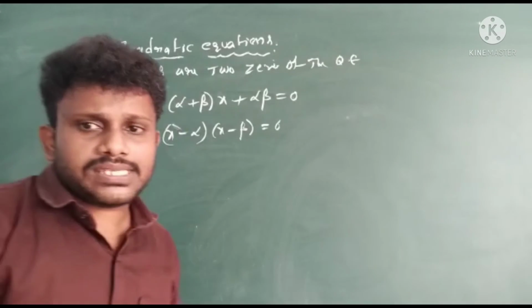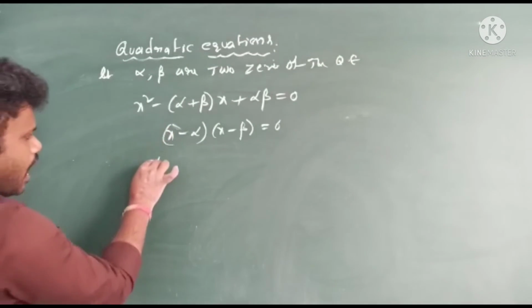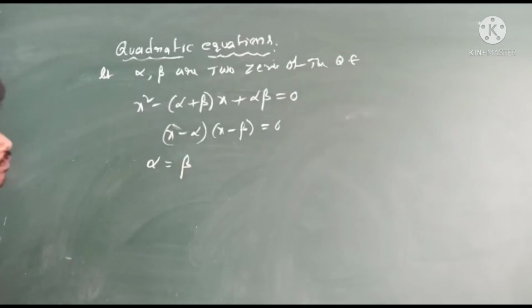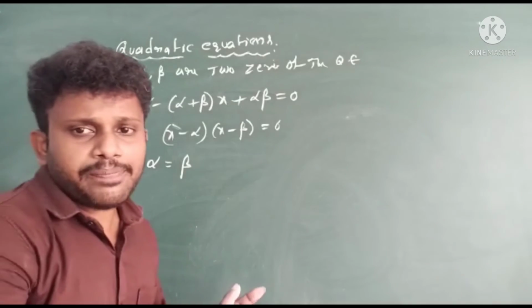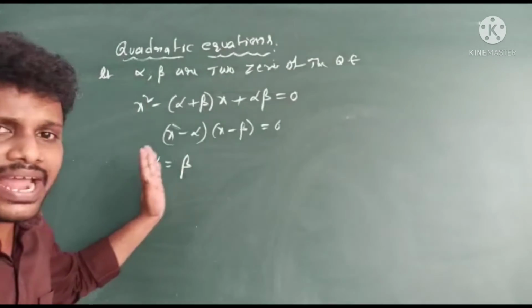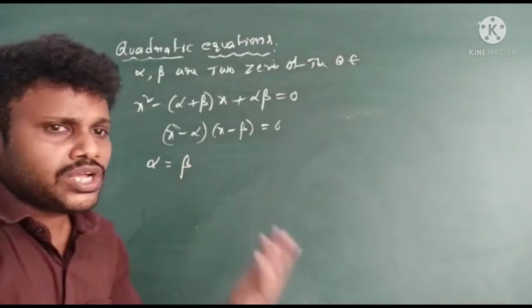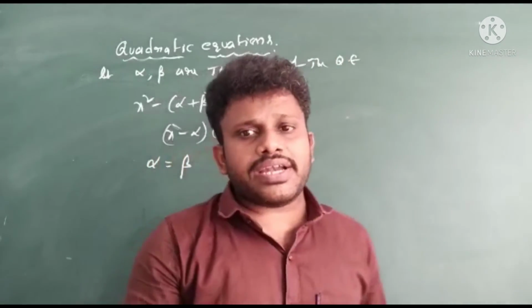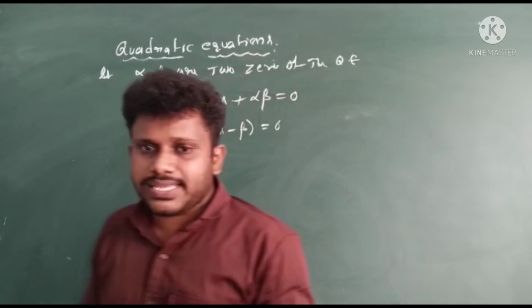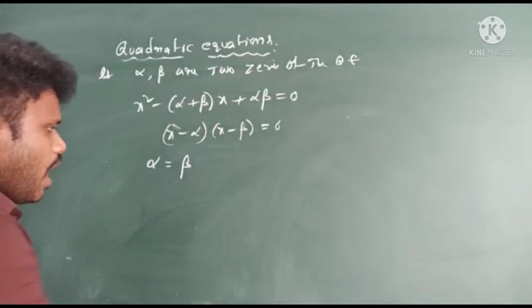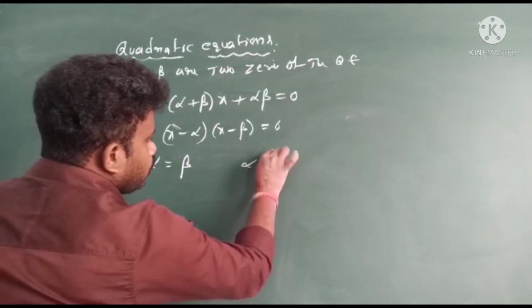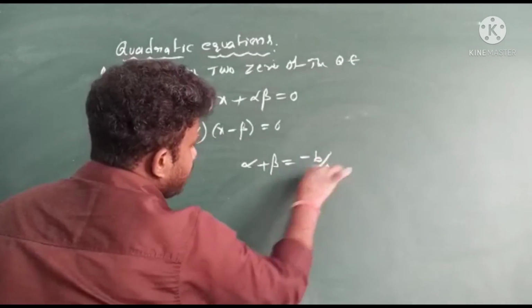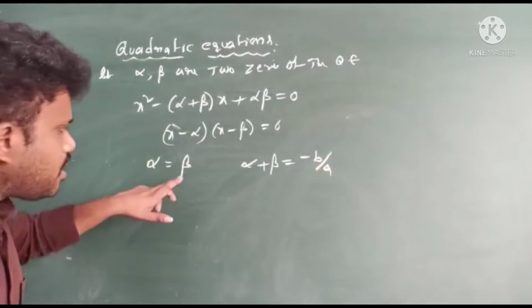Now sometimes when the zeros alpha is equal to beta, the quadratic equation having maximum two zeros, one is alpha and another is beta. When both the zeros are equal, in this case we call it a double root. Already we know alpha plus beta is equal to minus b by a, but here both the zeros are equal.